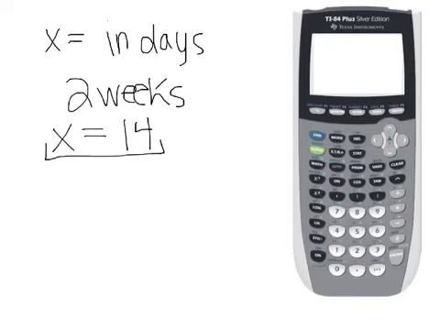So here's the thing. Before we go ahead and calculate our value, we have to change our window, because remember, we only set our window to go from X equals 0 to X equals 10, and 14 is outside of that window. So I need to go to my window here and change my X value to something larger than 14.